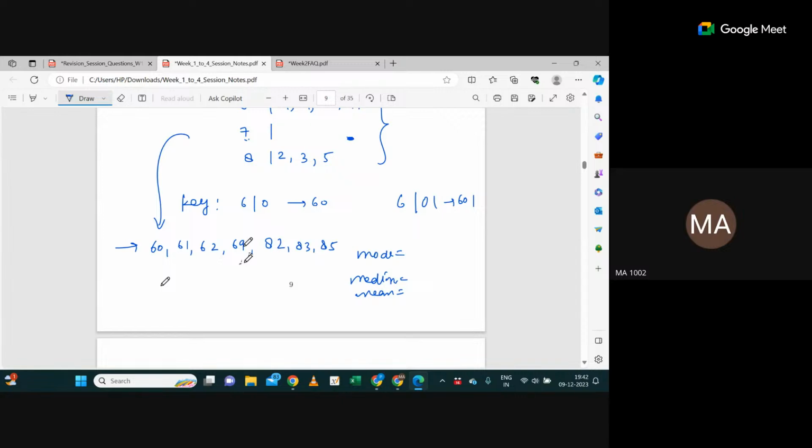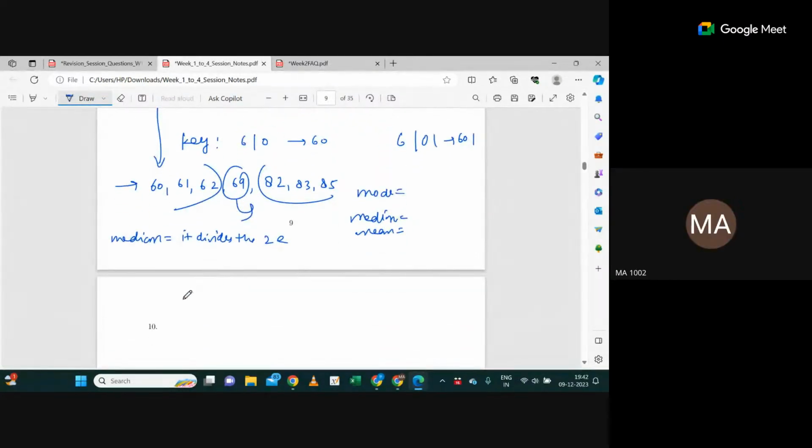Since it's already in ascending order, what will be the median? The fourth item, 69. Median is nothing but the value that divides the data into two equal parts. There is a formula: check whether n is odd or even.